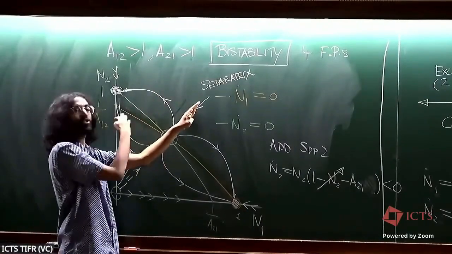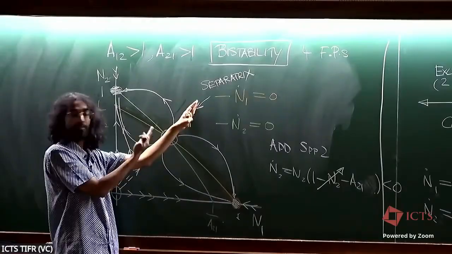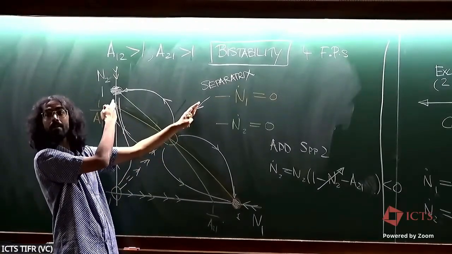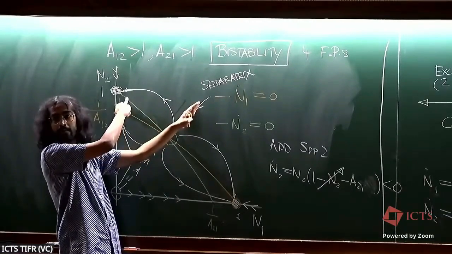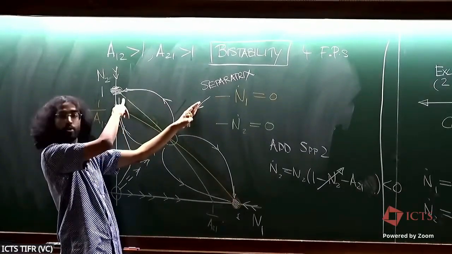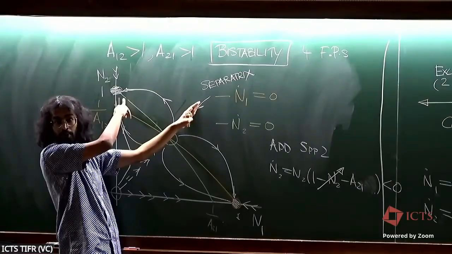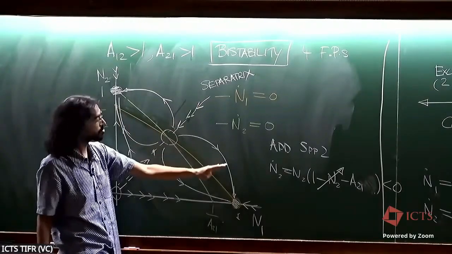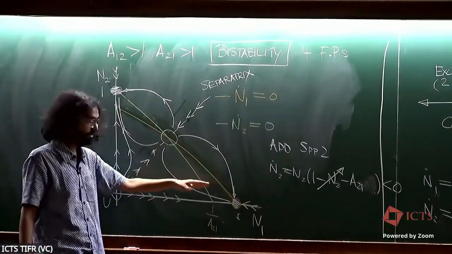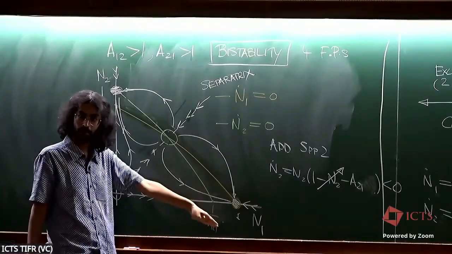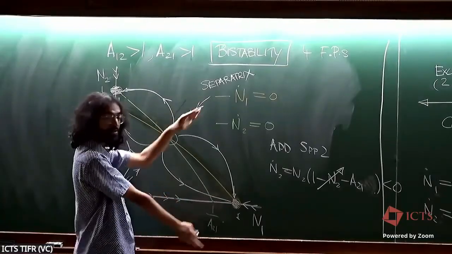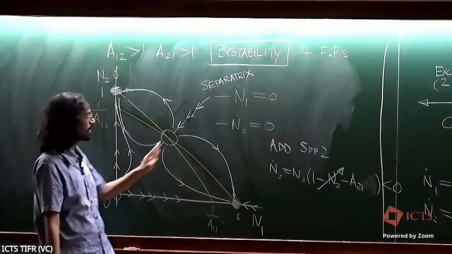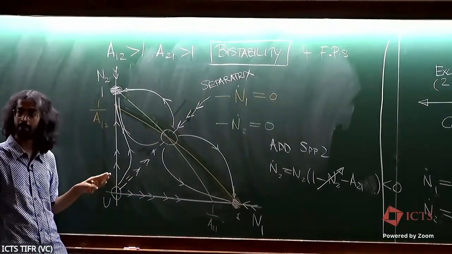There's one region here, which is called the basin of attraction for species 2 winning, because anywhere you start in this region, you'll get attracted finally at long time to a solution where N2, species 2, is the only one that's surviving. Anywhere you start on the right of this line, you will get attracted to species 1 winning, right? So you can see how big the basin of attraction for species 1 is versus 2, and that will depend on the slope of this separatrix line, right?